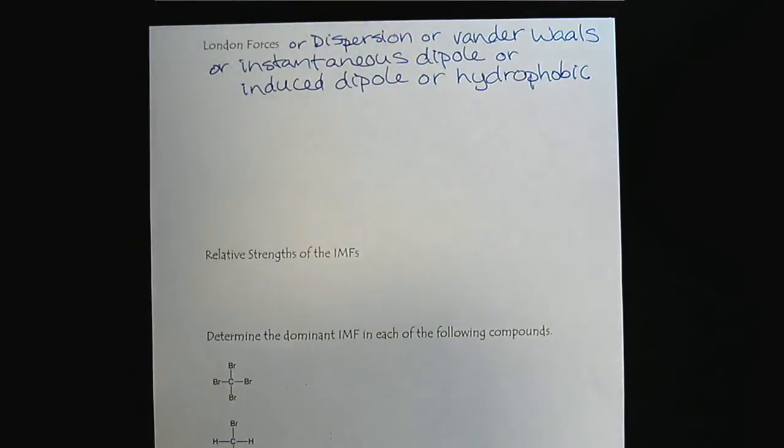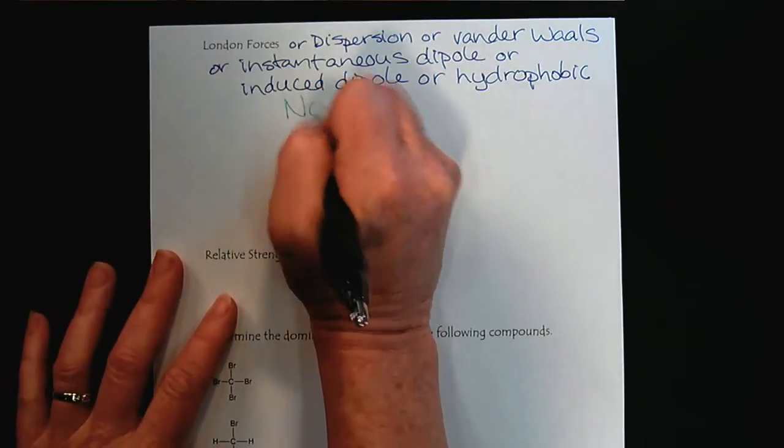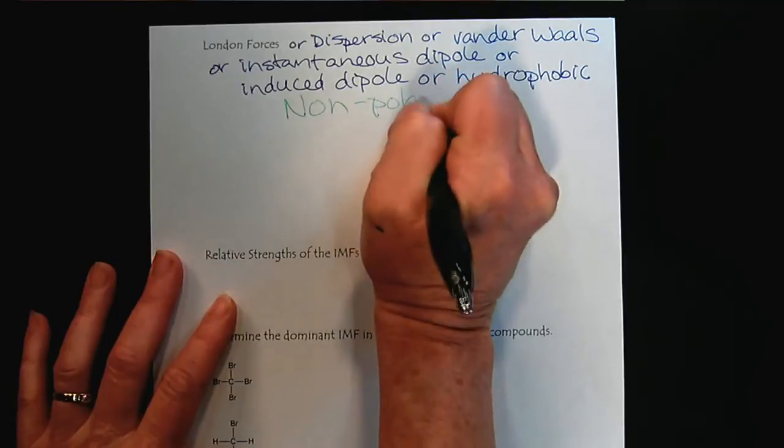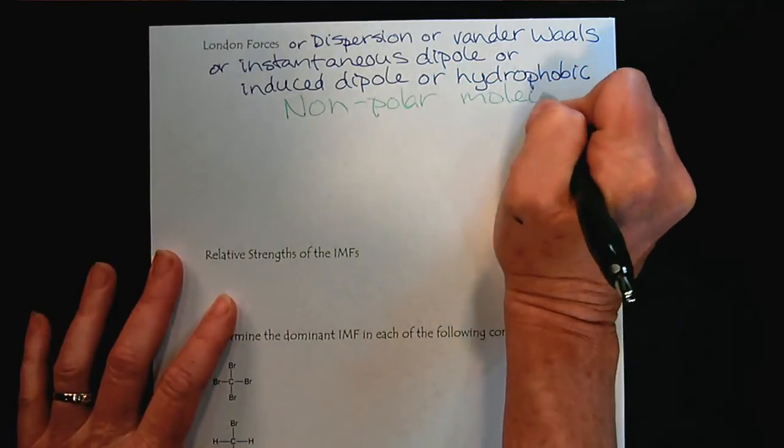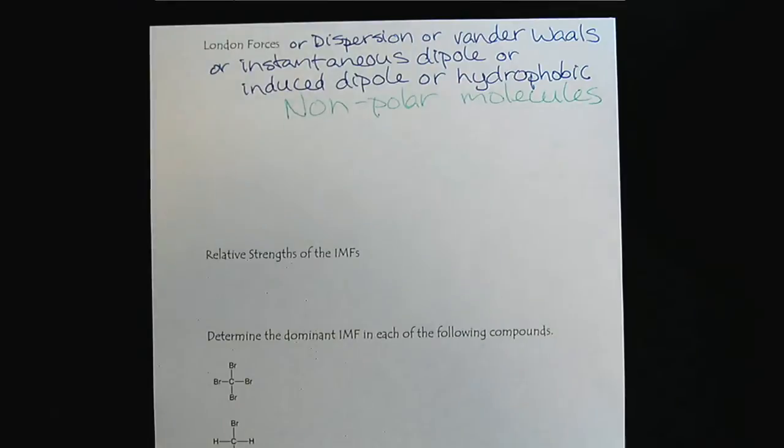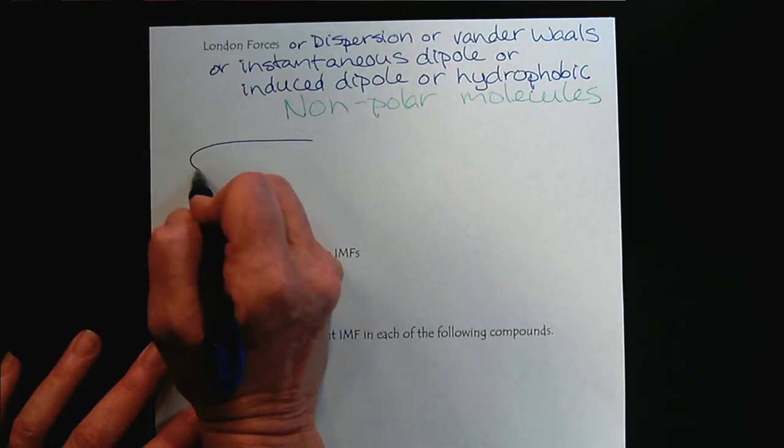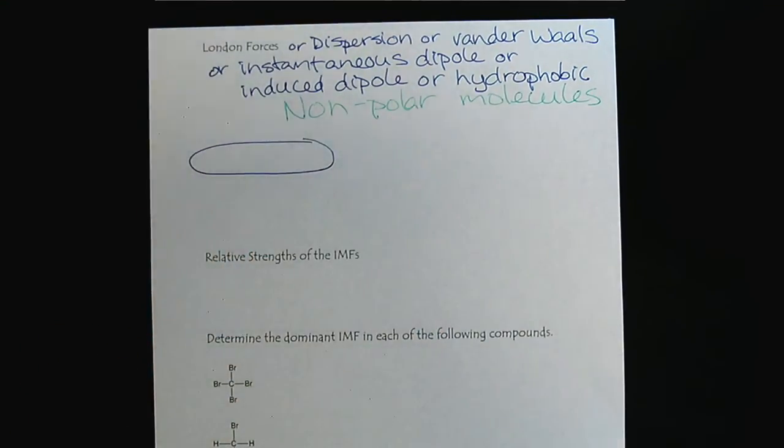What's important about this one is that it's for non-polar molecules. Now, this may seem very strange because when we talked about dipole-dipole and H bonding, it was all about having those differences in electronegativity and the partial positive and partial negative charge. So how in the world does this dipole work? Well, let's say we have this large non-polar molecule. Let's think back to what we know about the structure of atoms and molecules.